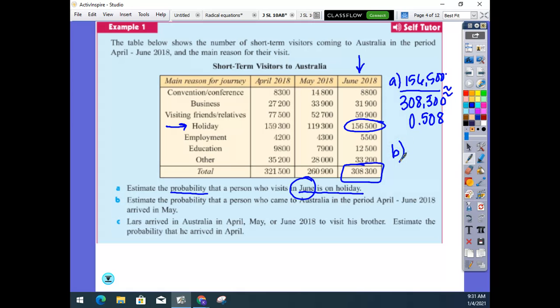Letter B, estimate the probability that the person who came to Australia in this total time period arrived in May. So first of all, we need a total. How many total came to Australia? And that ends up being 890,700. Here, let me put this down here.